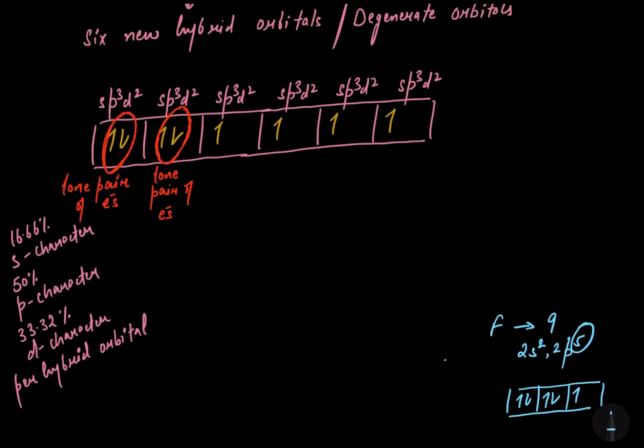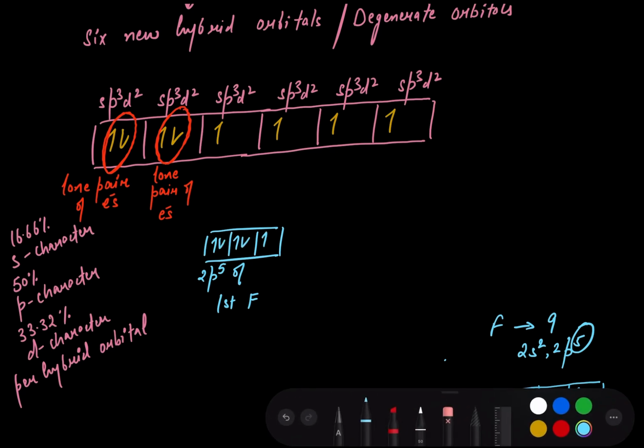So let's come over here. I'm marking the first fluorine, the 2p of the first fluorine atom. Now 2p is having 5 electrons, the first, the second, the third, fourth, and the fifth. Here one atomic orbital is left which is having 1 electron.